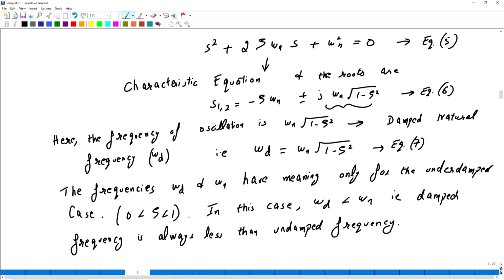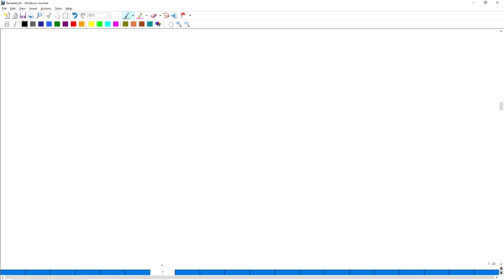Now, most practical applications deal with the underdamped case. So our focus of attention will only be on the underdamped case. So let me write the solution of the unit step response of the underdamped case.